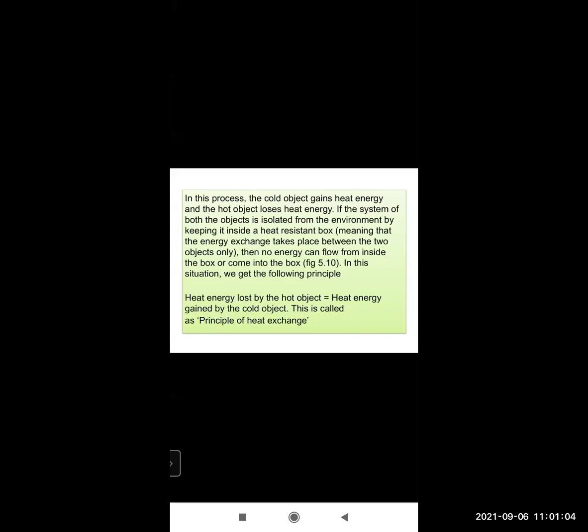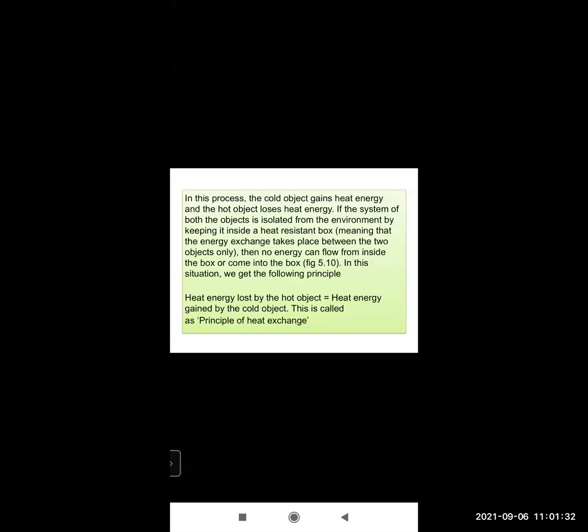If the system of both the objects is isolated from the environment by keeping it inside a heat resistant box. Earlier we only saw hot and cold objects. Now these two objects we are going to keep in a heat resistant box. Heat resistant means that the energy exchange takes place between the two objects only. The outside energy should not enter into the box, right?